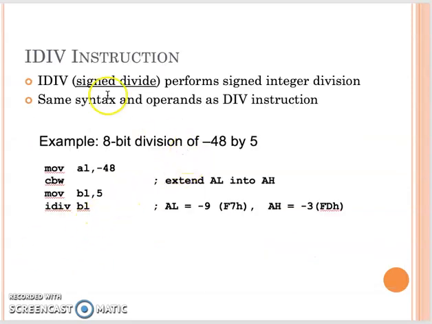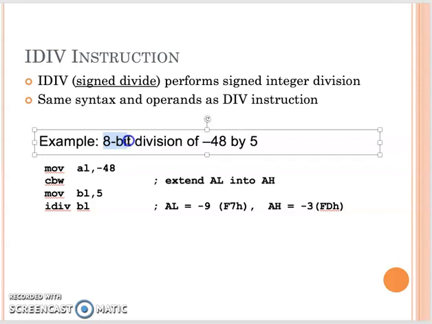Let's see an example of signed division using 8-bit division for the operand. We use -48 divided by 5. We copy 5 to BL. The dividend is in AX, so there are two different ways. You can copy -48 to AX, which gives the extension right away.